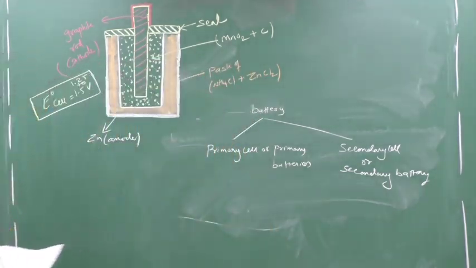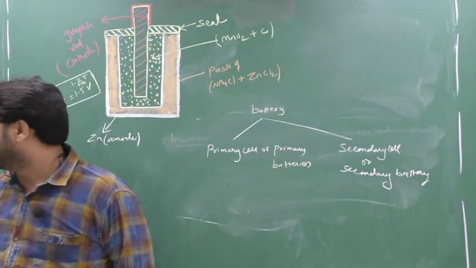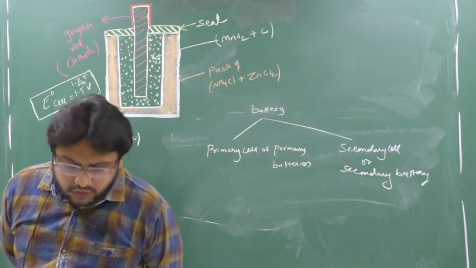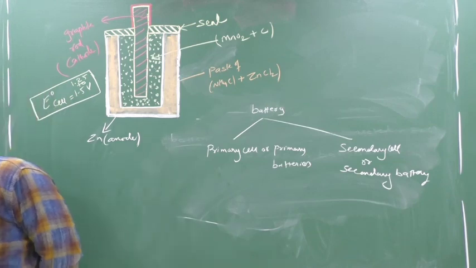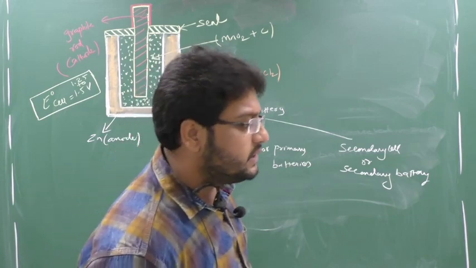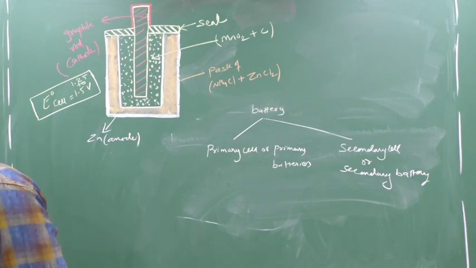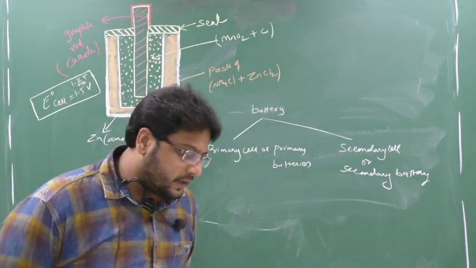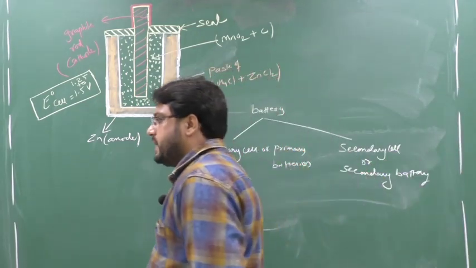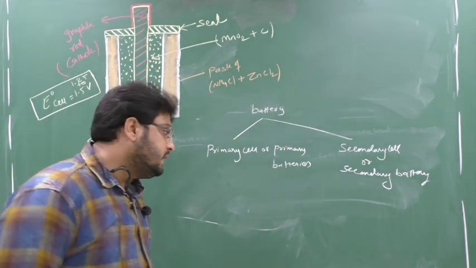So write down the definition. The primary batteries or primary cells are ones which become dead after a certain time of use and cannot be recharged back on passing electricity or electric current.